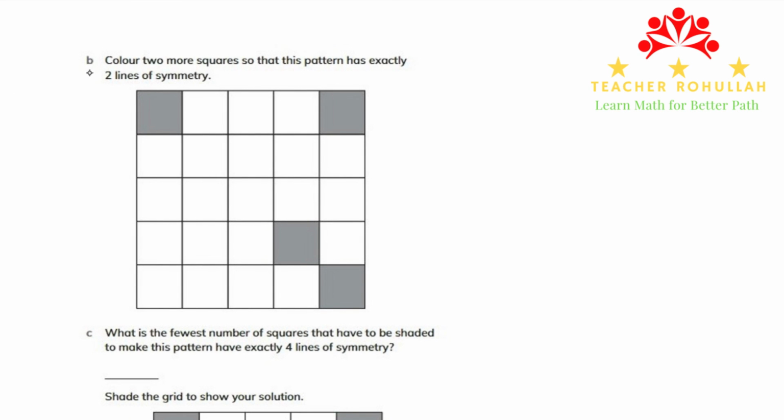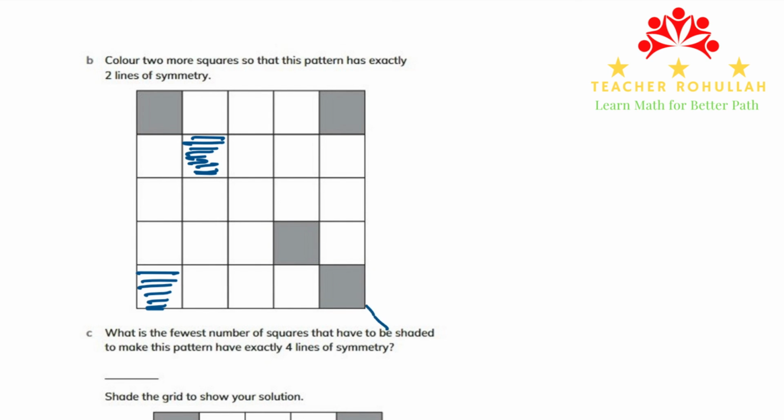In part B of this question, it says, color two more squares so that this pattern has exactly two lines of symmetry. So the ones that we can color, one can be here. If we color here, and if we color here, it will have two lines of symmetry. How?